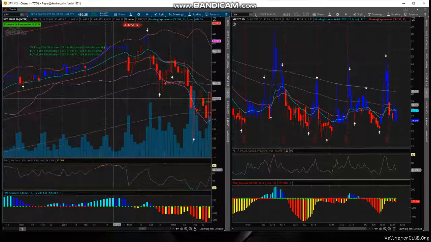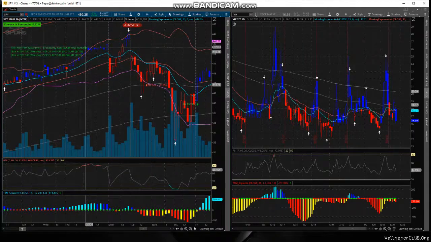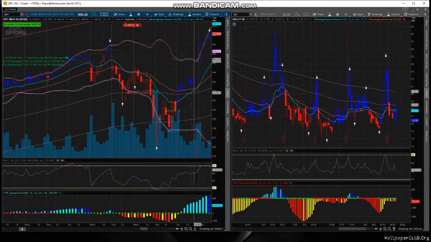So you can now see each of these vertical lines is the end of day. Leading up to the close of Thursday, here's Friday's trading, and then the options expiration is 1, 2, 3, 4, 5 days away.